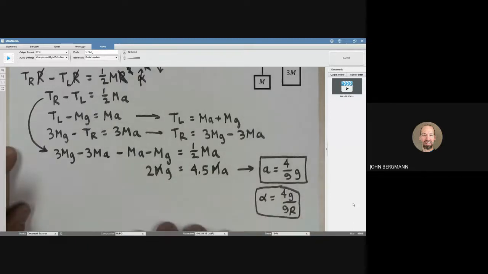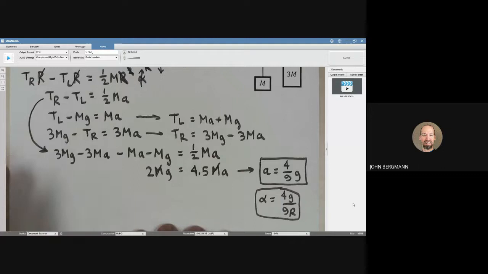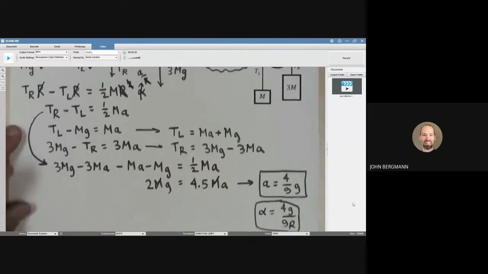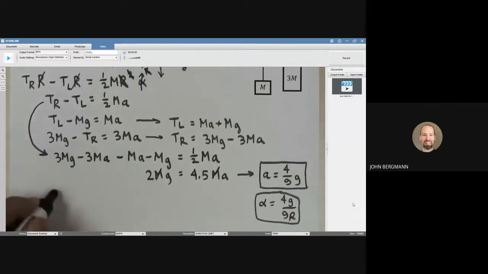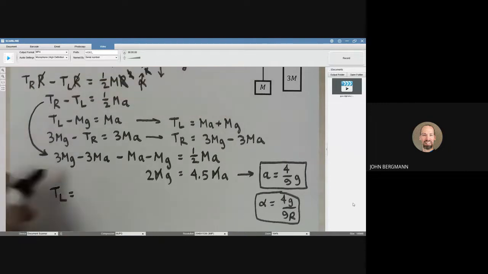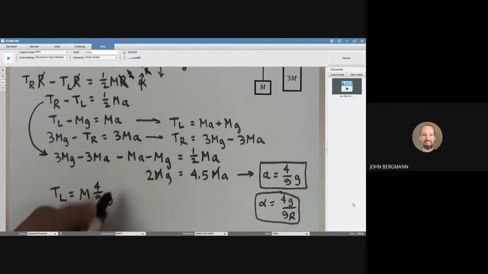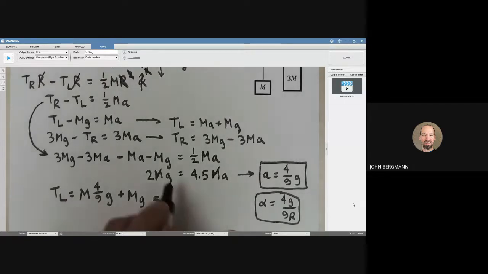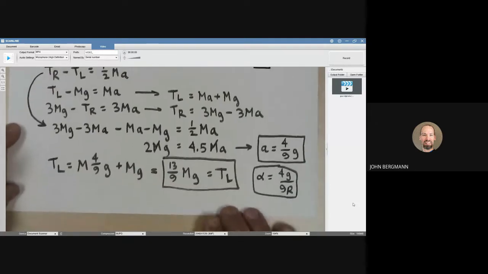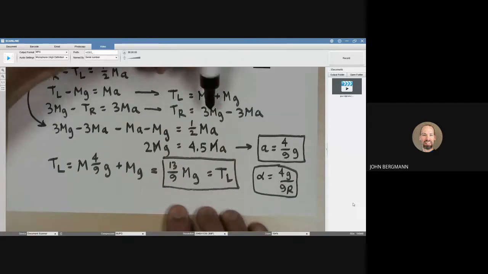So far, so good. Now, let's put in these expressions to find TL and TR. Here we go. TL, I'm looking at this equation right here. It's m times a plus mg. M and a is 4/9 g plus mg. What's that going to be? That's 13/9 mg. And let's now put that same expression in for TR.